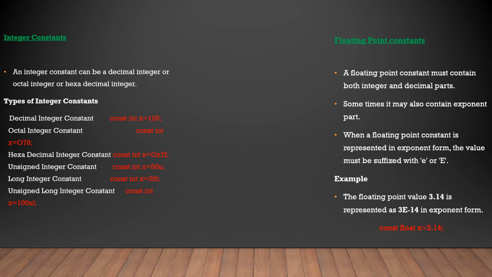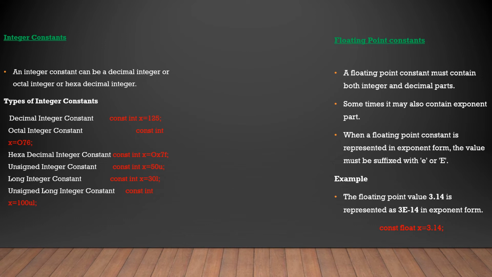Similarly, if you are using unsigned integer constants, the constant value is suffixed by U. If you are using a long integer constant, see here, const int x equal to 30L. It is suffixed by L. Similarly, if you are using an unsigned long integer constant, the syntax is const int x equal to some value, and it is always appended with UL.